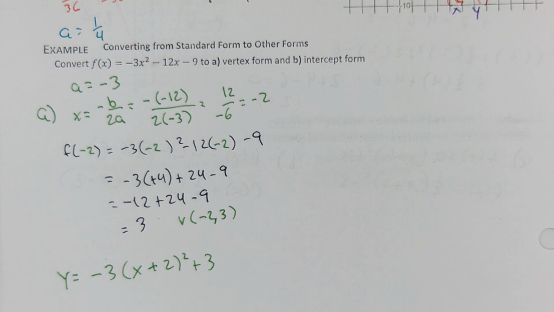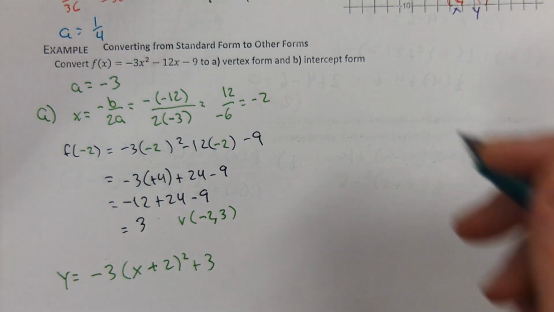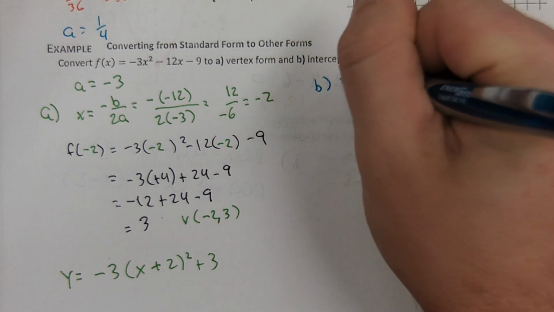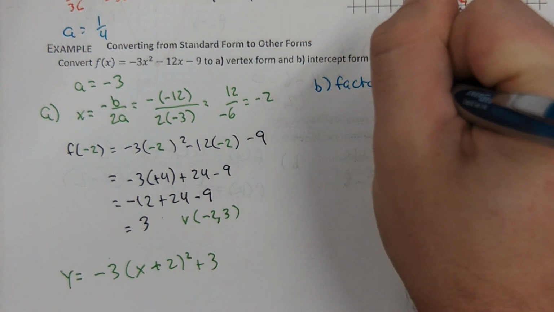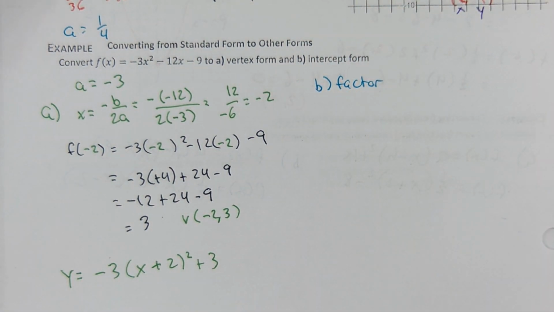Unfortunately, we've saved the best for last. If you have standard form and you want intercept form, you're going to need to factor it. We get to steal A. A is -3. But we didn't actually need to steal it because the very first thing you're supposed to do when you factor anything is look for GCFs.